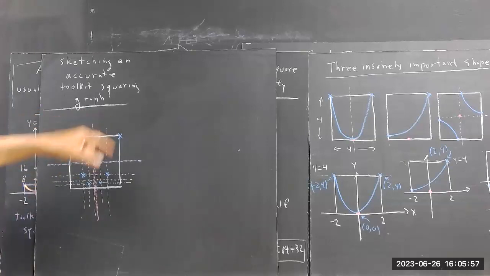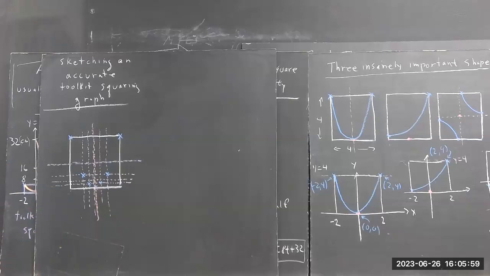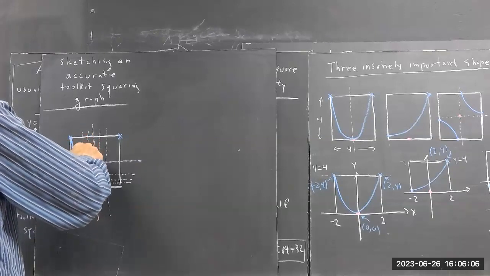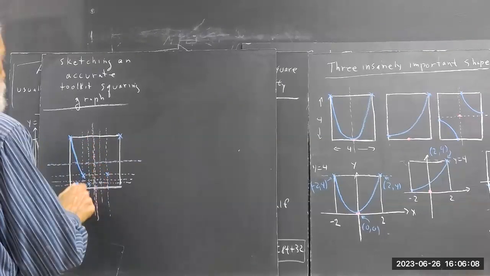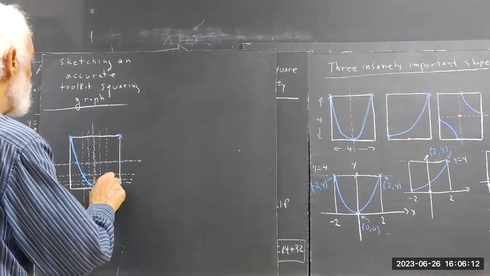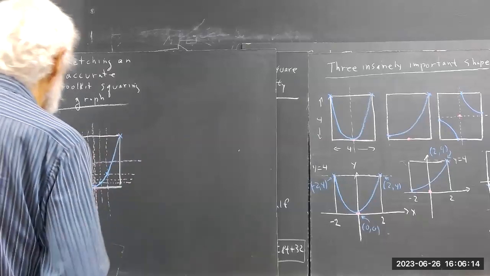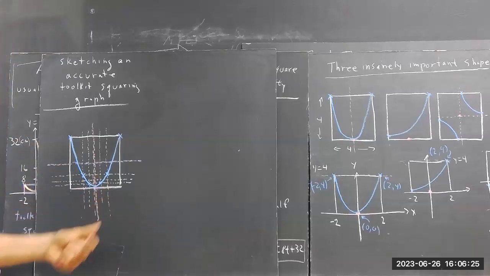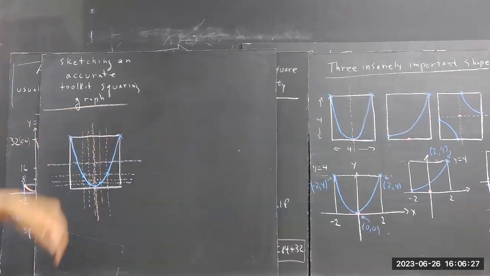Now we've got 7 points. We can connect these points. And look at how pretty that is. Even though I made a few mistakes in marking these, by cutting intervals in half the way I did, I got 7 points on this graph.